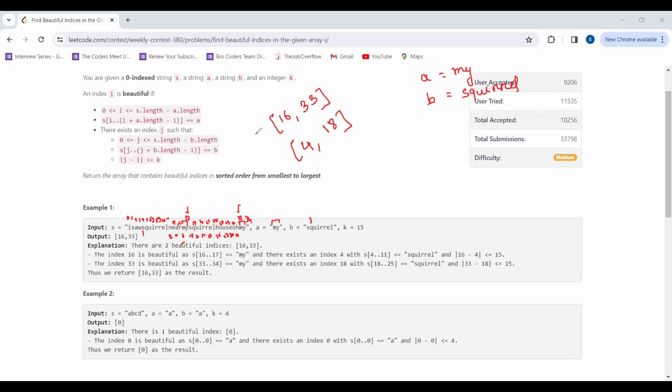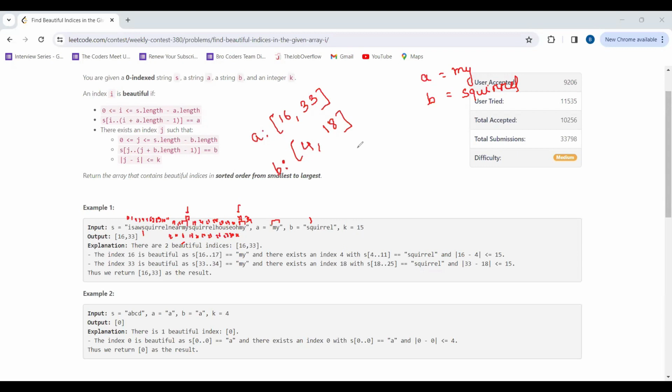Now what we'll need to do next: we can just iterate over the string. We have stored the indices, so we will get to know whether A is formed at that particular index or not.